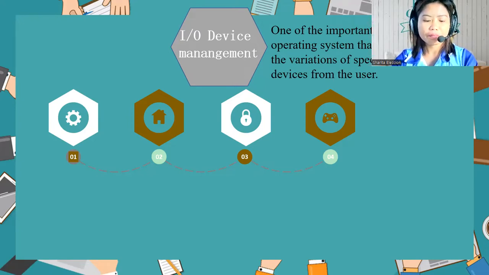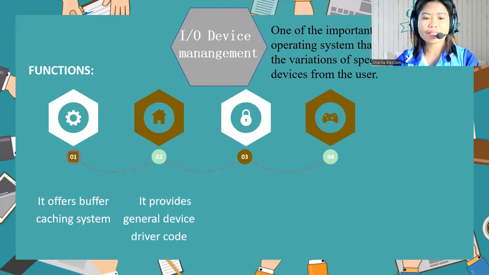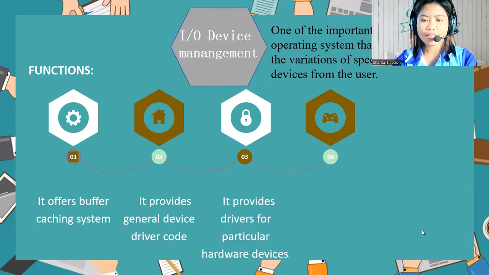And we have here some functions of the input output device management. It offers a buffer caching system. It provides general device driver code, and it provides drivers for particular hardware devices.